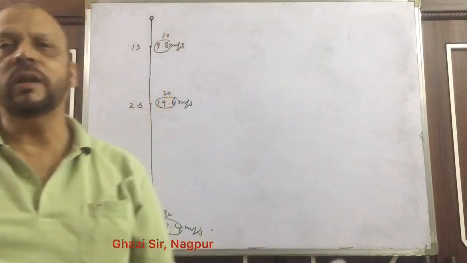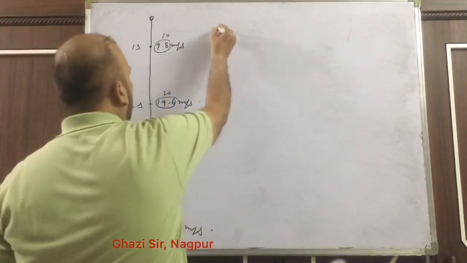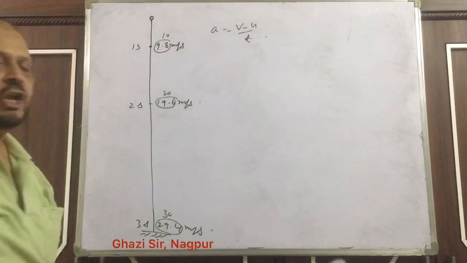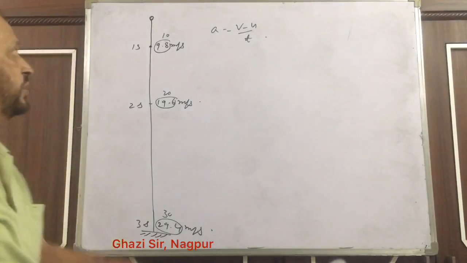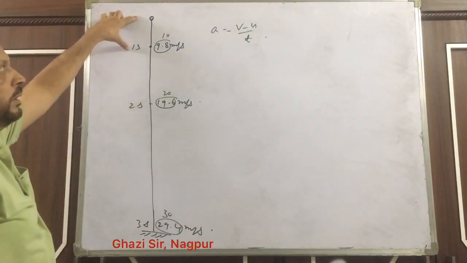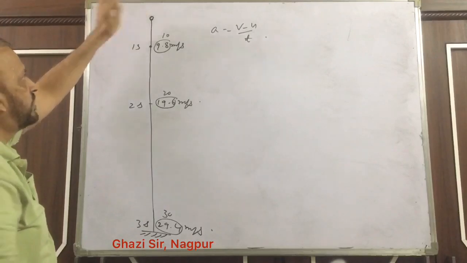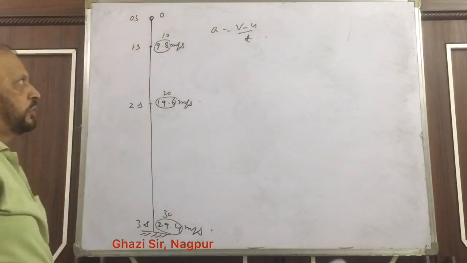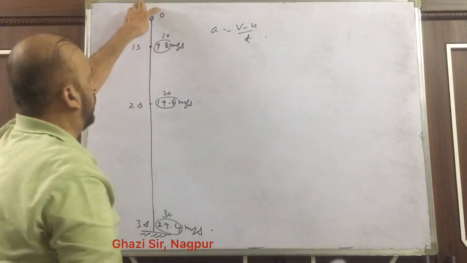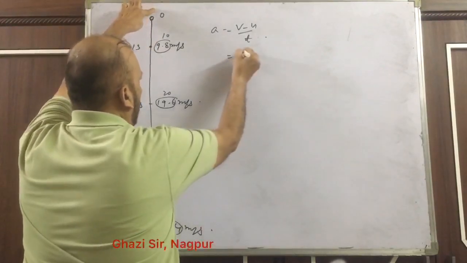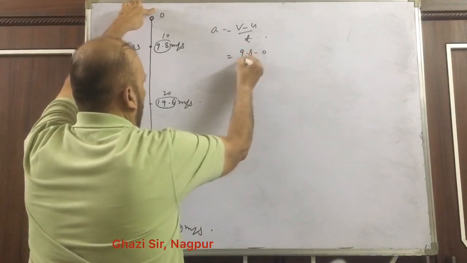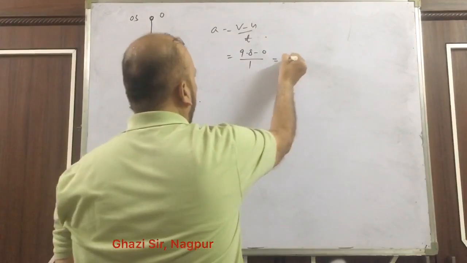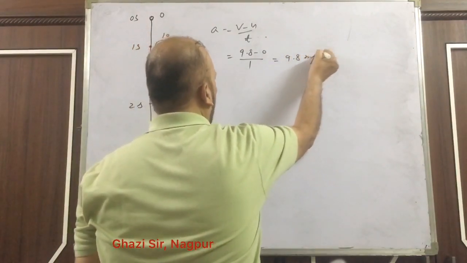Now let's calculate the acceleration. Acceleration is (v minus u) upon t. Change in velocity per unit time between these 2 points. It was at rest here, at 0 second. So change in velocity 9.8 minus 0, time is 1 second. That is equal to 9.8 meter per second square.